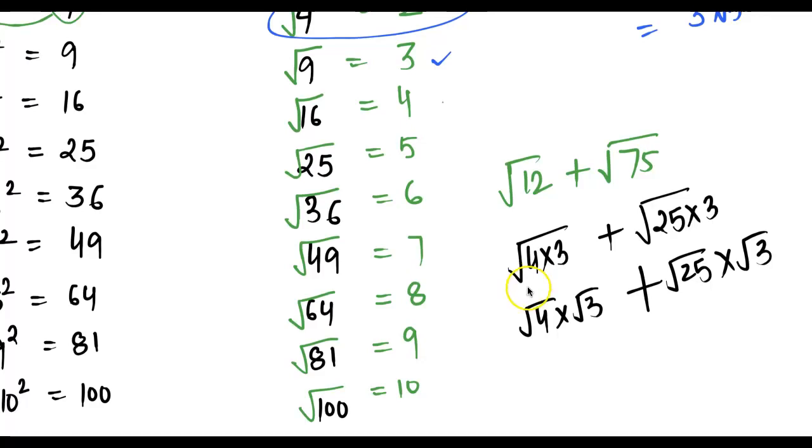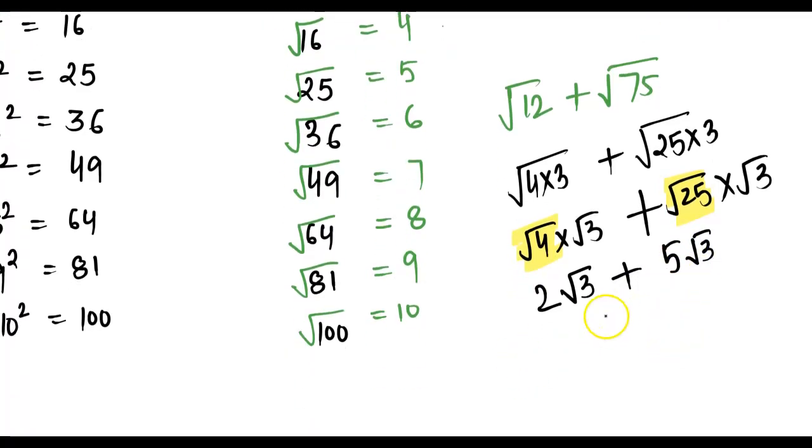Square root 4 is nothing but 2, so 2 root 3, plus square root 25 is 5 root 3. Now we need to add. You know how to add that, right? So we're going to get 7 root 3. And yes, we could solve that.